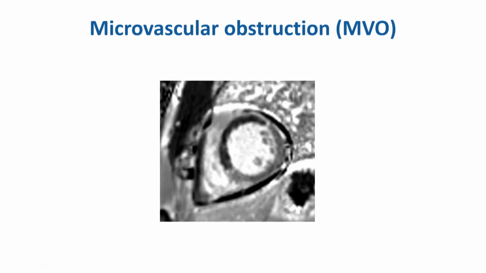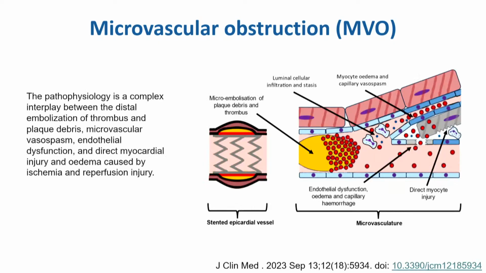So this is, again, damage as a result of an infarction and reperfusion therapy, and it's called microvascular obstruction. So what is that? It's a complex process. It starts with damage to the endothelium, to capillaries, as a result of infarct, ischemia, and then the endothelium is already getting damaged, and when reperfusion happens, there are multiple things happening.